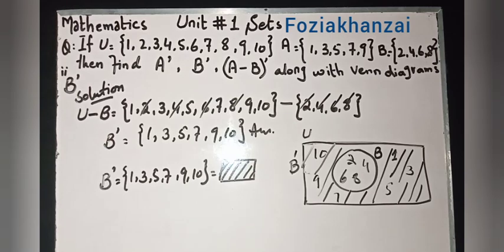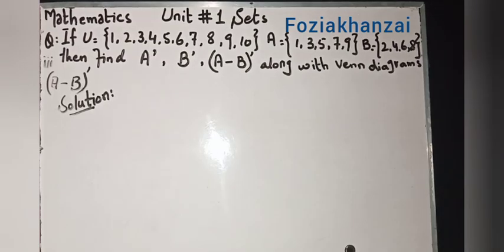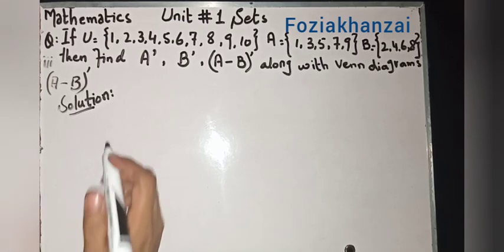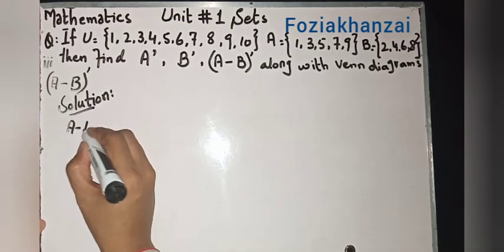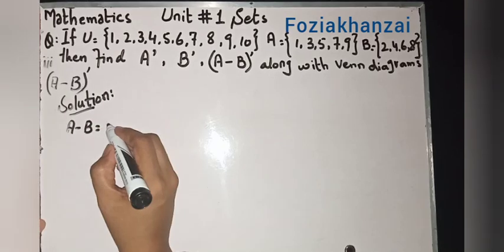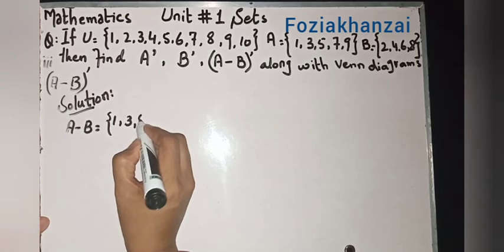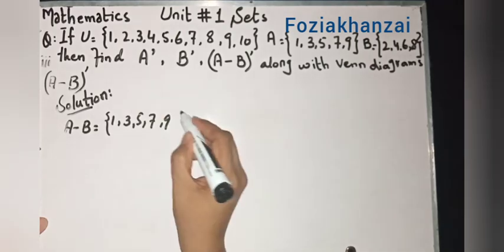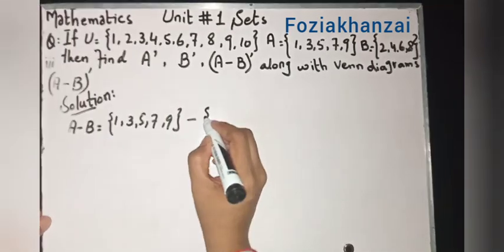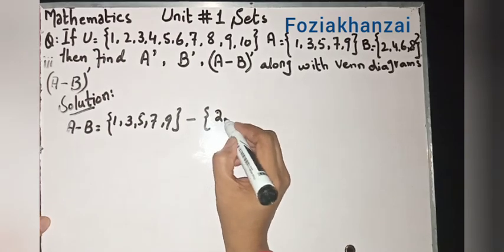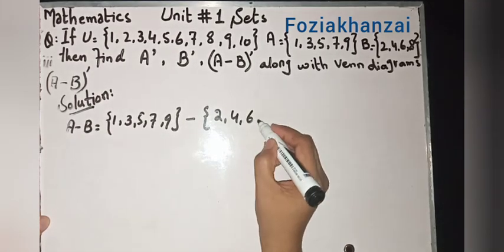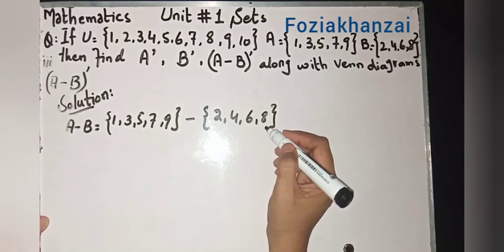Now we will solve third part, A difference B whole complement. So first we find A difference B, then we find complement. So A difference B, simple, apply same method. First copy elements of set A: 1, 3, 5, 7, 9, bracket close, put minus sign, difference sign. Then copy elements of set B: 2, 4, 6, 8, bracket close.